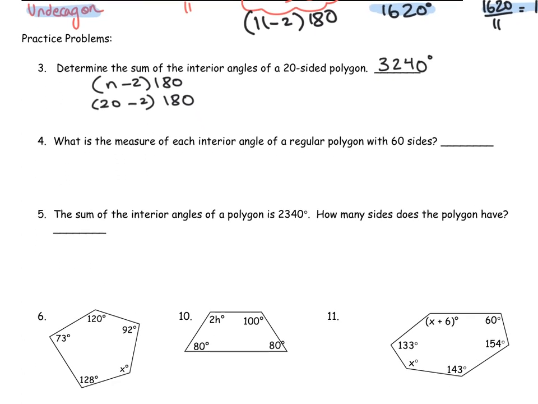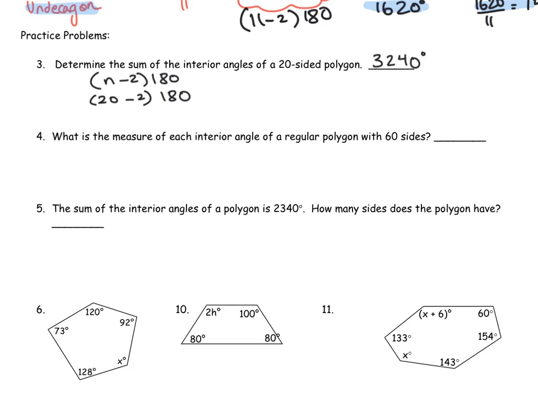Now let's move on to number 4. What is the measure of each interior angle of a regular polygon with 60 sides? So the keyword is regular polygon. So that means that once I use the rule to find the sum, which is n minus 2 times 180, I have to divide by the number of sides.